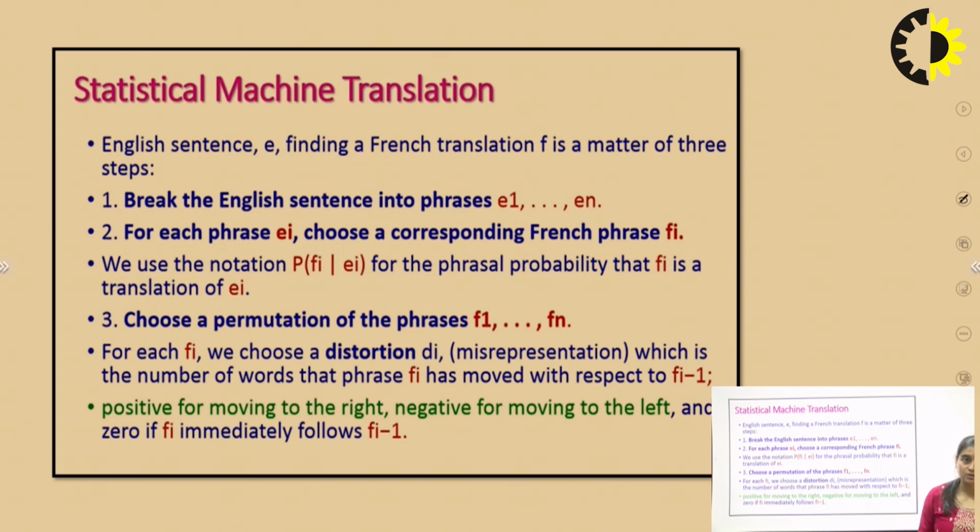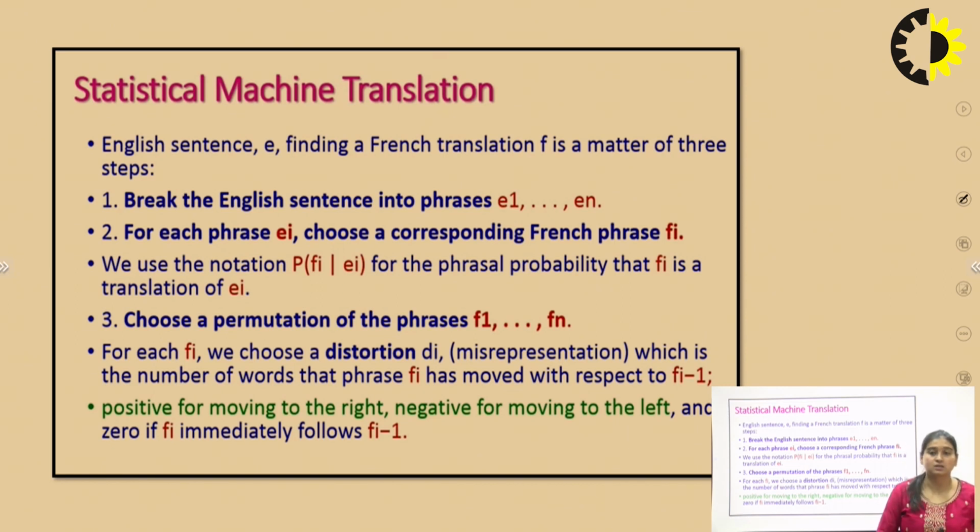For misrepresentation, there are certain rules. For positive, we are moving to the right. If we are moving to the right, then we assign a positive number. If we are going to the left, then we assign a negative number. And 0 if Fi immediately follows Fi minus 1. So there are three values: positive, negative, and 0.